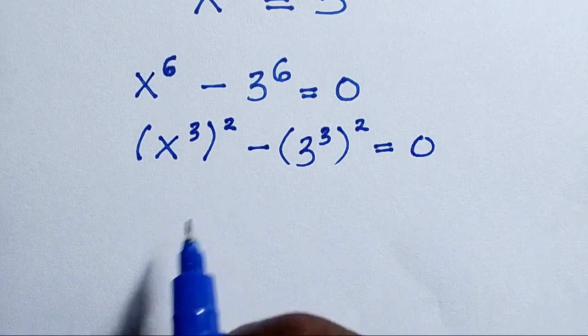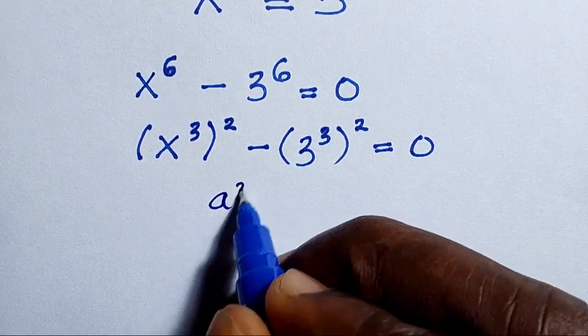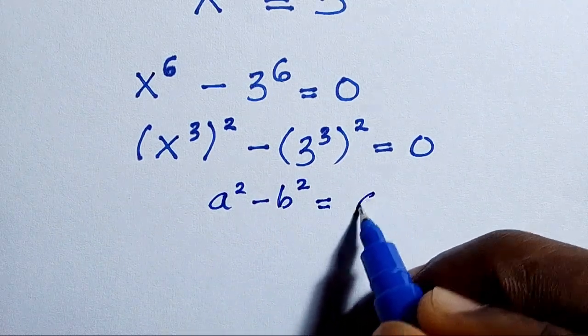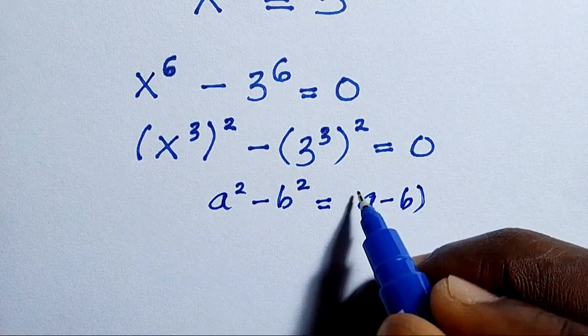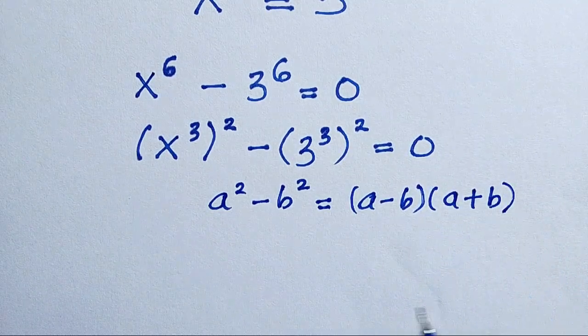Then by considering this, let's say we have a to the power of 2 minus b to the power of 2. This equals (a minus b) open bracket (a plus b).